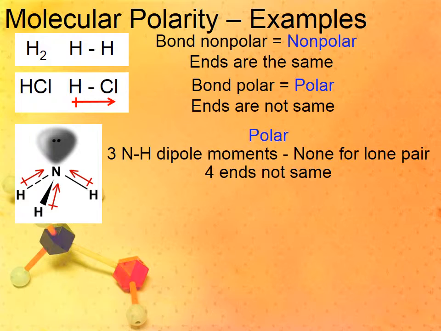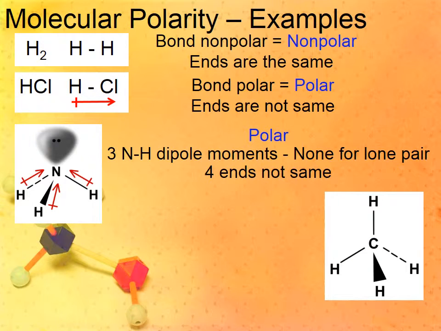Therefore, the molecule is polar, and the electron-rich side is where the nitrogen is. The electron-poor side of this molecule is where the hydrogens are. Now, the way of saying this: the molecule is polar because the ends are not the same.